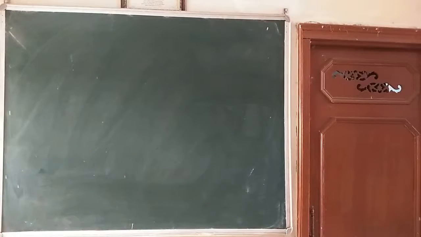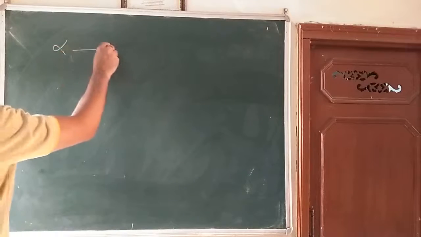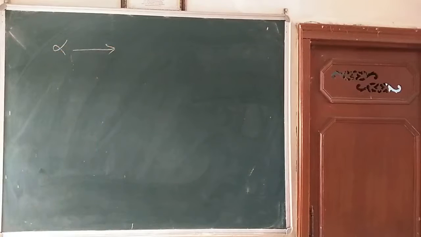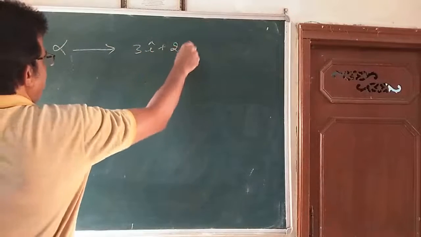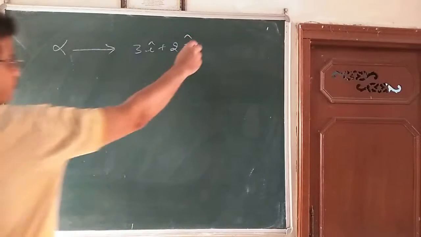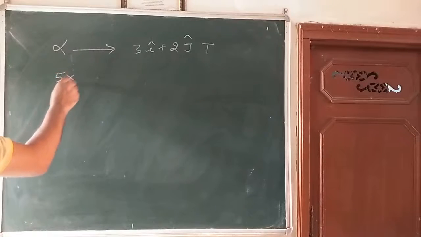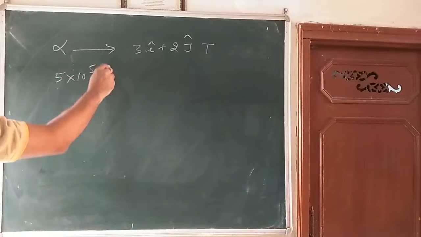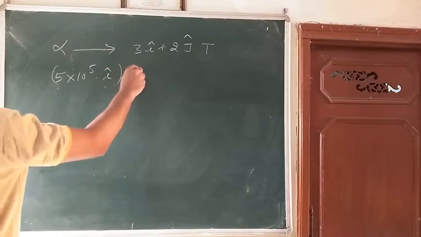Suppose an alpha particle is moving in a magnetic field of 3i + 2j Tesla with a velocity of 5 × 10^5 i cap meter per second.